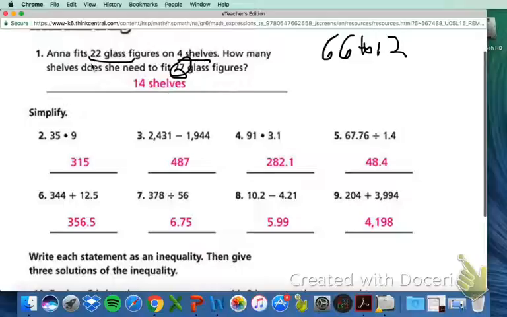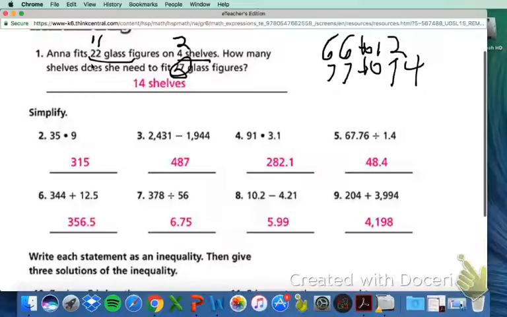So if we just take the difference between 66 and 77, which is 11, 11 is half of this. So we take half of this, and we end up with 77 to 14 shelves.